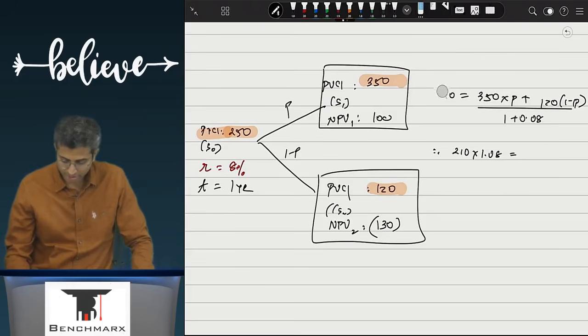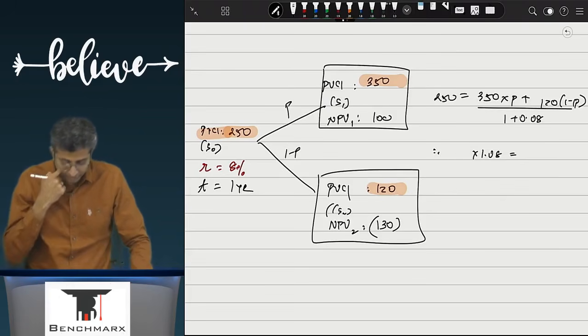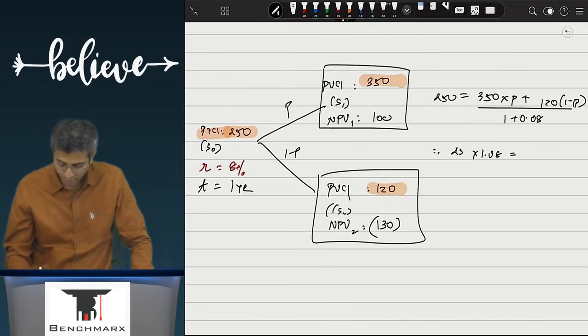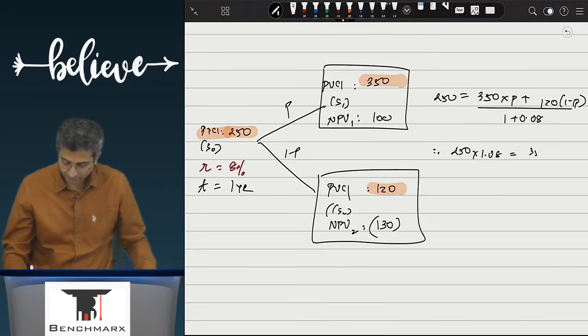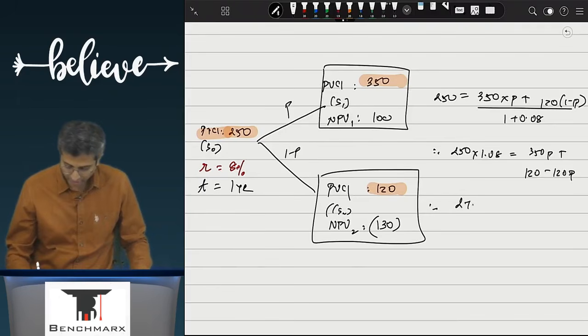So over here, this will be, let us say, 250 into 1.08 equals 350p plus 120 minus 120p. Therefore, 250 into 1.08 comes to 270.